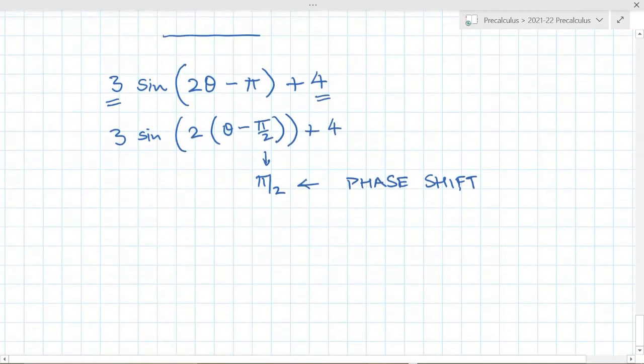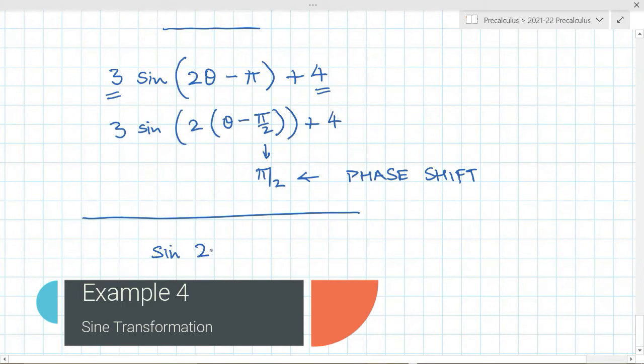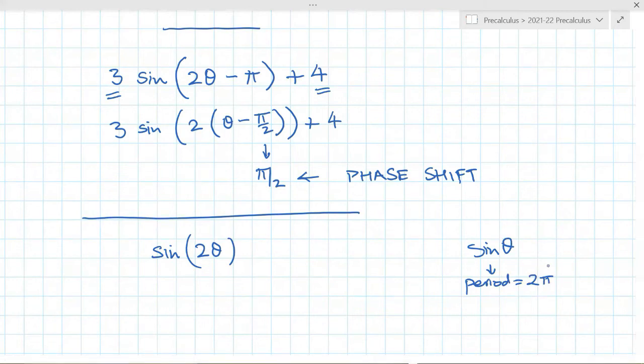We want to know what happens when we have sine of 2 theta. What does this do to the period? We know that for sine theta, the period is 2 pi, right? For sine 2 theta, what is the period?